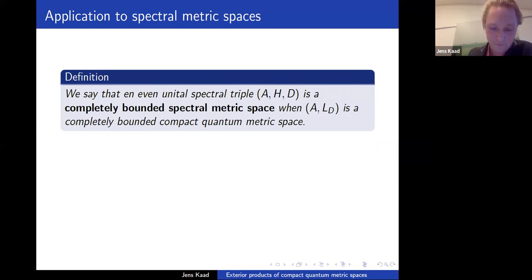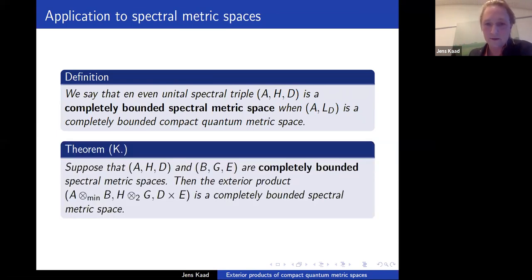And you can prove that if you have two completely bounded spectral metric spaces, then you can look at the exterior product, using this unbounded product operator, on the minimal tensor product of the unital C* algebras and this Hilbert space tensor product. This is again a completely bounded spectral metric space.